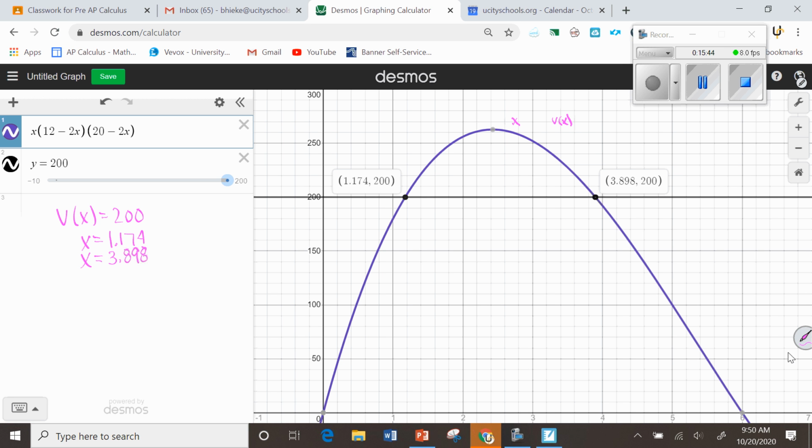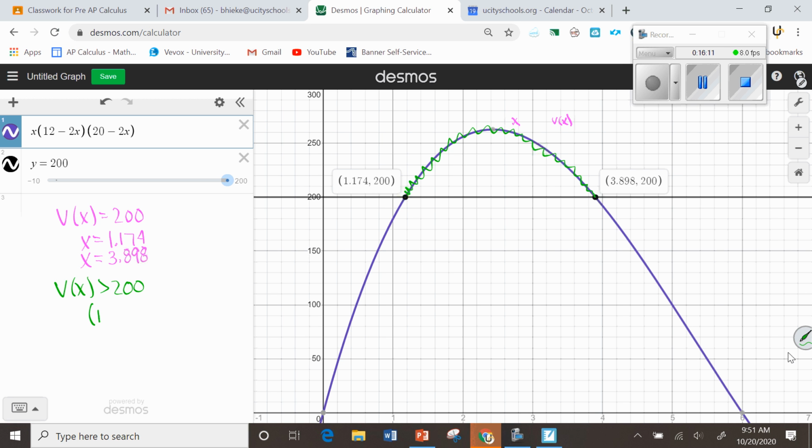Okay, the next question is when is it greater than? So what values make it greater than 200? So greater than 200 again is above this line. The same way when we do greater than 0 is above the x-axis, greater than 200 is that piece above the line. So if I said the volume is greater than 200, I'm looking at anything between those two x values that I just solved for.